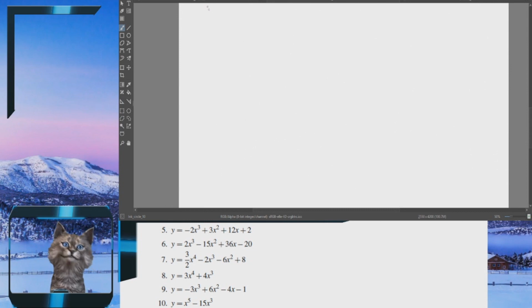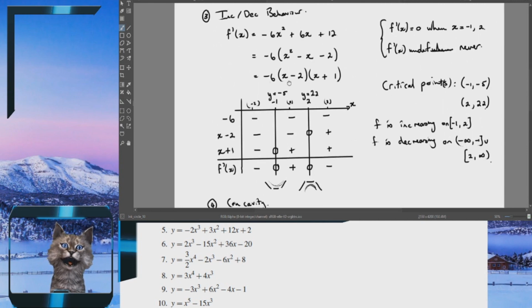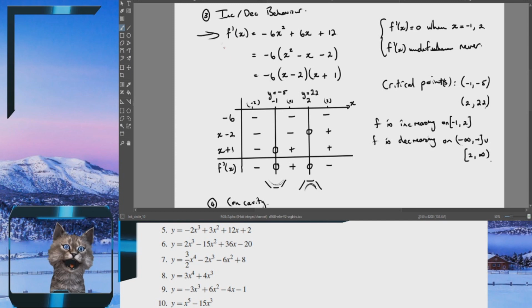I do. For step 4, concavity, where we are going to look at the second derivative, which means we take whatever form of the first derivative you want. And I'll pick this first one to easily take the derivative.